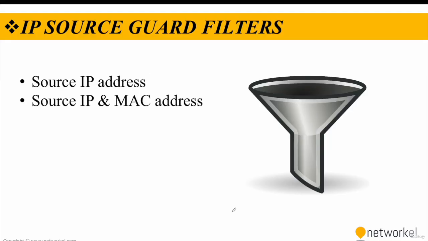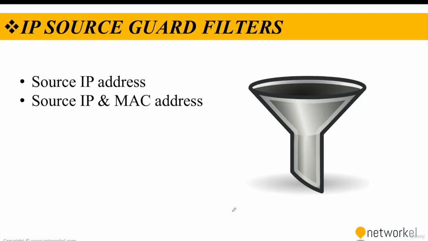There are two types of filters in source guard. The first one is the source IP address filter. Here the IP traffic is filtered based on the IP address of the source, and only IP addresses matching the addresses in the IP source binding lists are allowed. The second filter type is the source IP and MAC address filter.